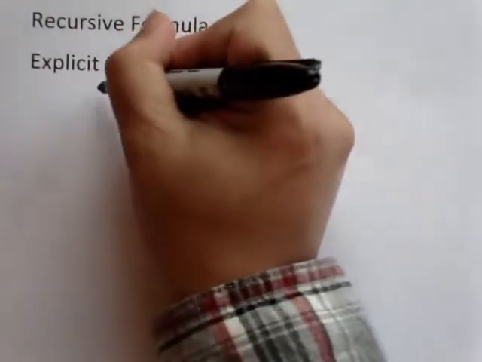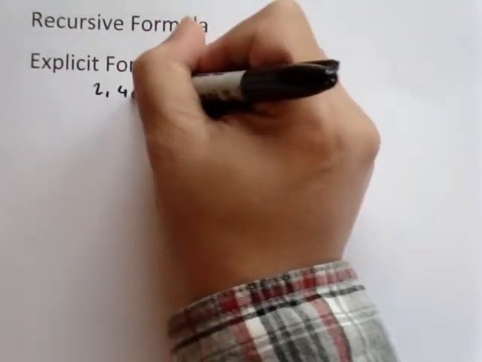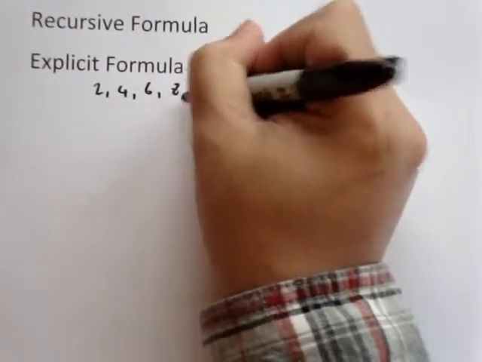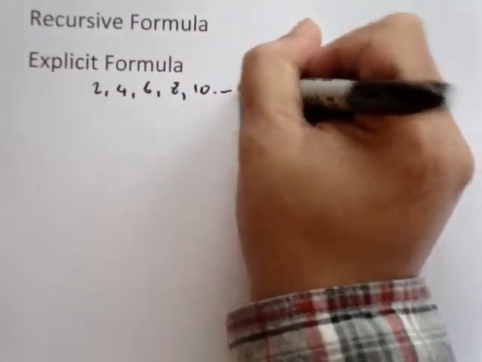Okay, so long as we have a relationship and each term can be used to produce the next term, we can use a recursive formula. So for example, we discussed 2, 4, 6, 8, 10, and so on.